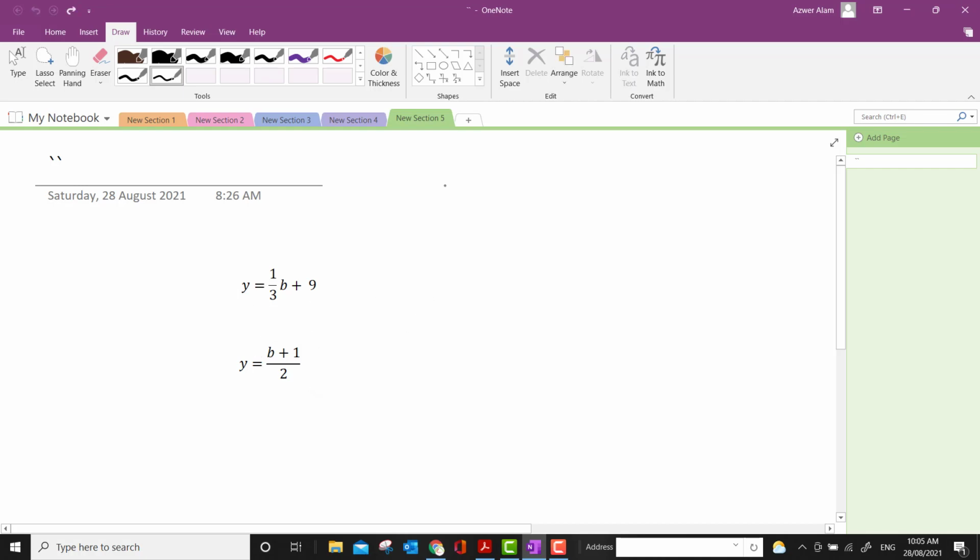So I will rewrite this as (b+1)/2 is equal to, and then this part of the equation, 1/3 b plus 9.